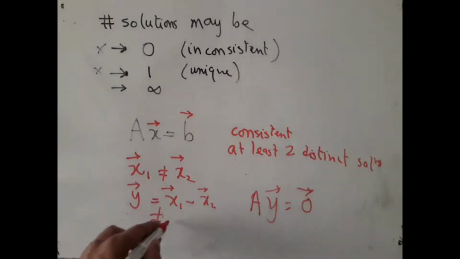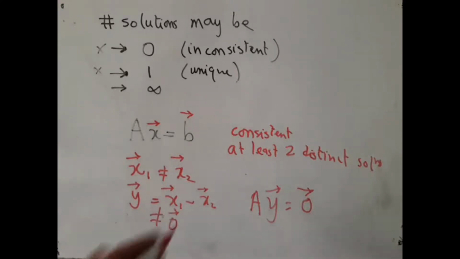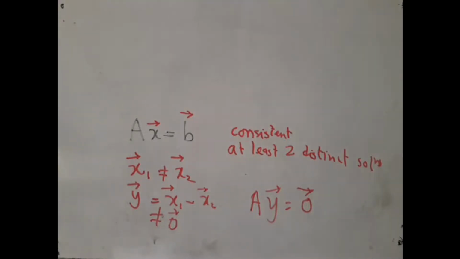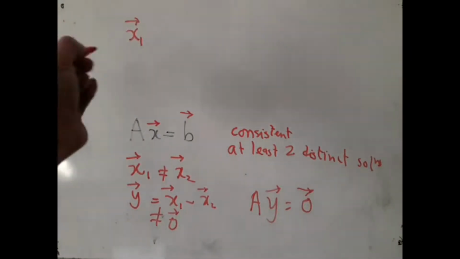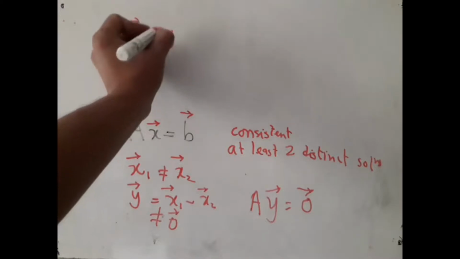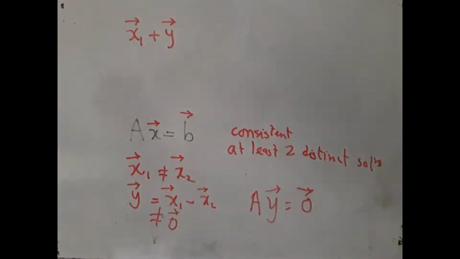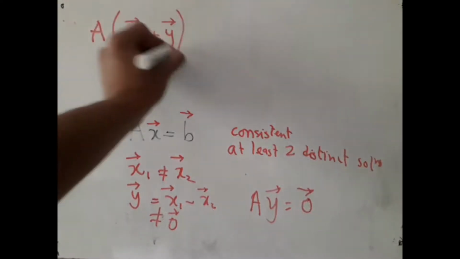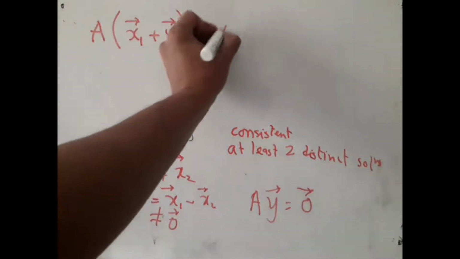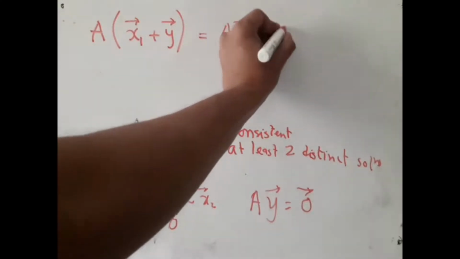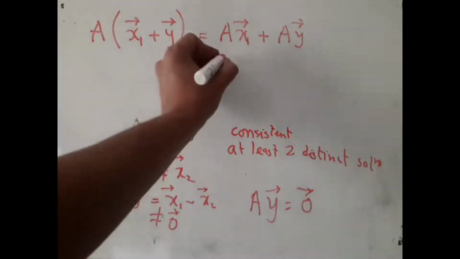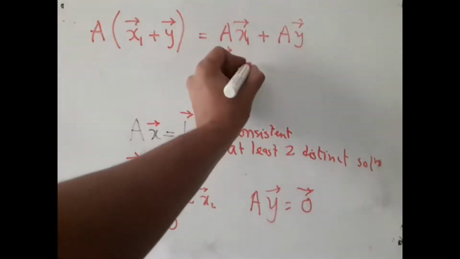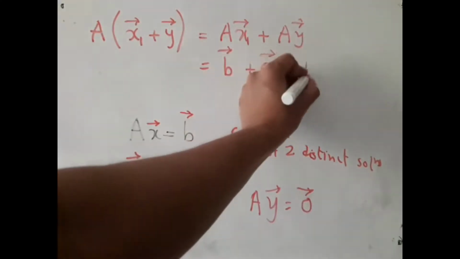So once I get this vector, I immediately get infinitely many solutions in the following way. I start with the vector x1, which is already a solution, and with it I add y. I claim this is also a solution, obviously, because if I multiply this with A from left, I get Ax1 plus Ay, and Ax1, x1 being a solution of this is b, and Ay you have already seen is 0, so that is equal to b.